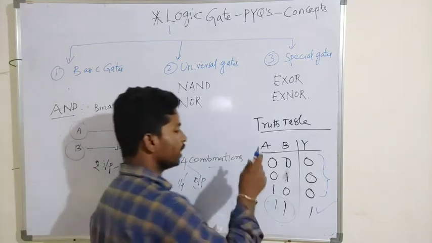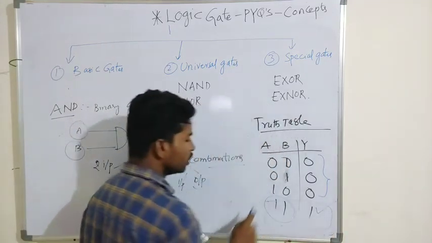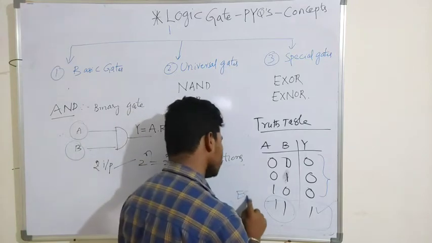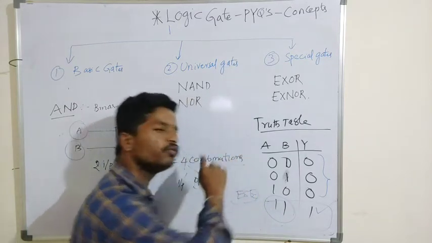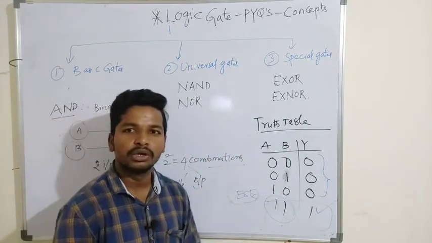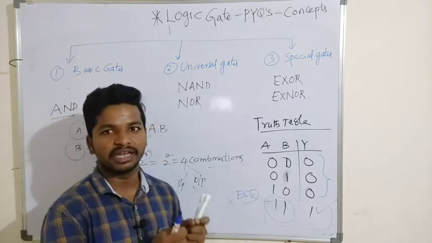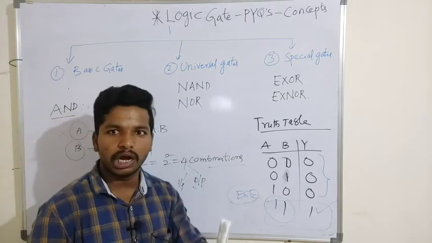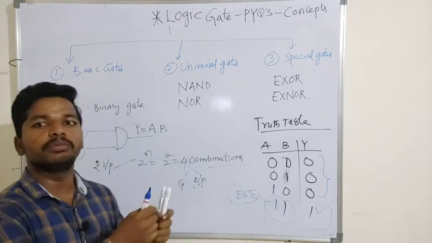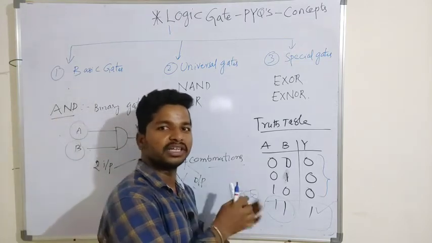In the exam, in the ESE also, I think this question was asked 3 to 4 times. If both inputs are 1, the gate which produces 1 as output, what is the name of that gate?